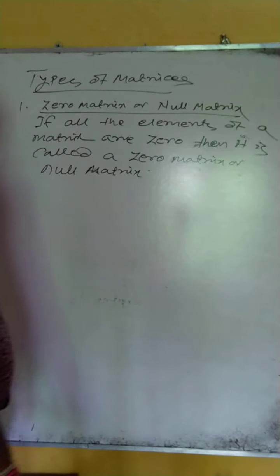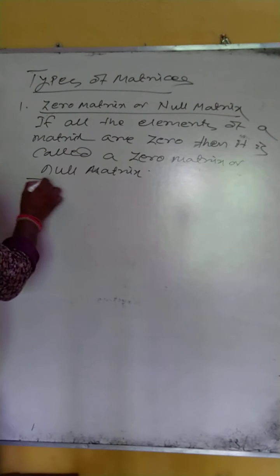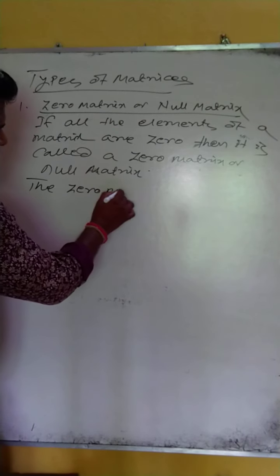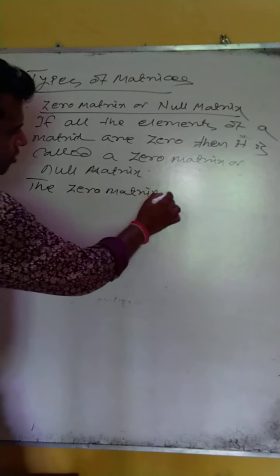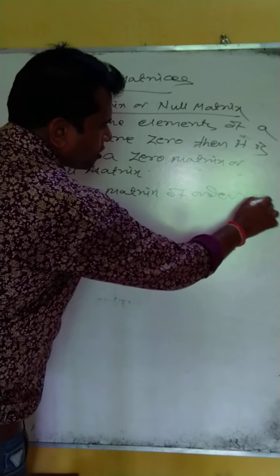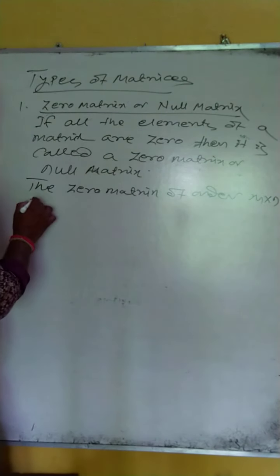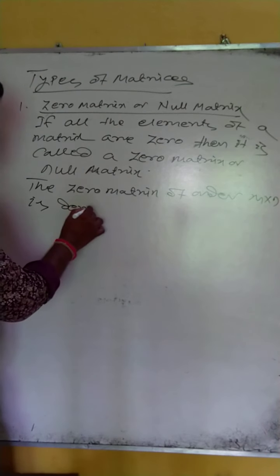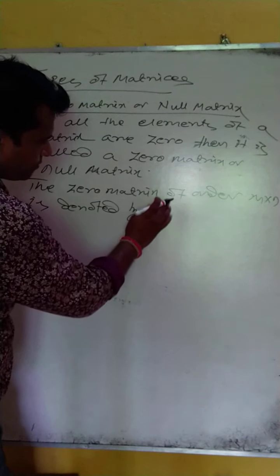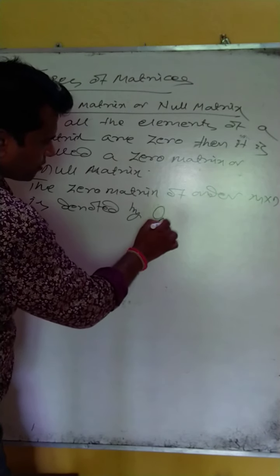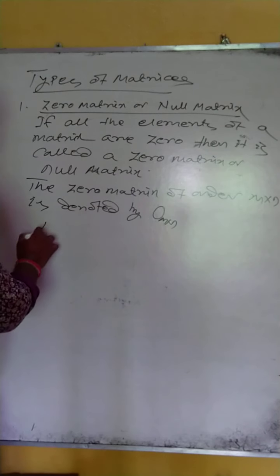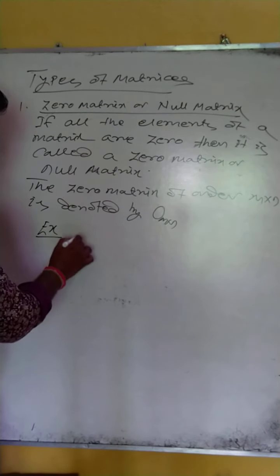The zero matrix of order m cross n is denoted by O of m cross n. Now we take some examples.